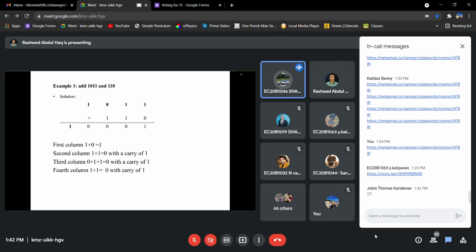Yes, for example 110.011. After the point, we should apply the same rules. I have not provided an example, but in the next class I may add an example. Okay.